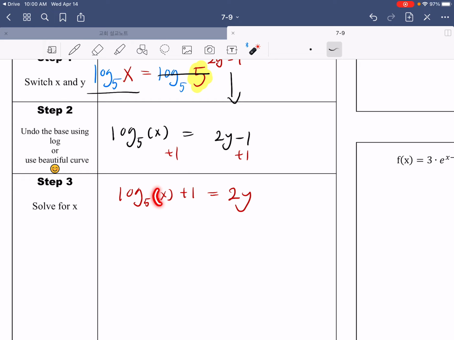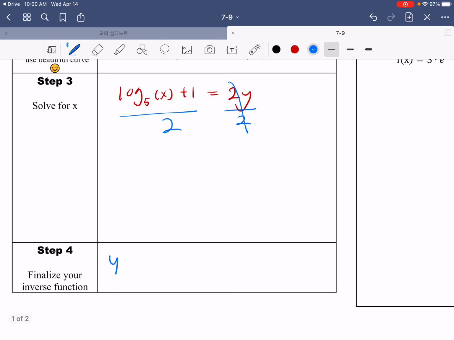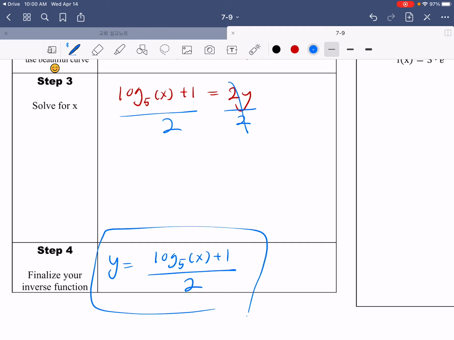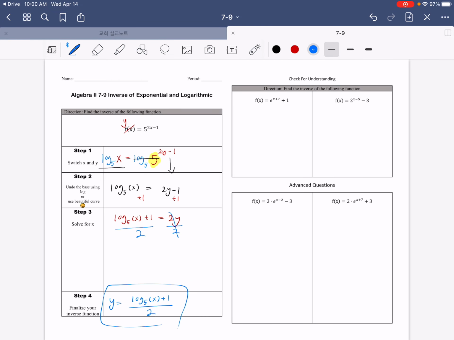That's why I always put parentheses for the x. And divide by 2 on both sides, so that you're going to get y equals log base 5 of x plus 1 over 2.